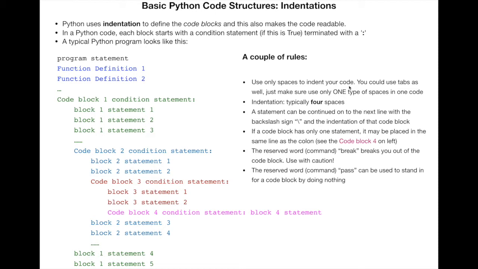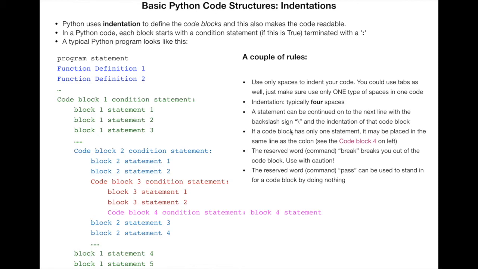So we use one space for one keystroke, and for the indentation we usually use 4 spaces, so it'll be 1, 2, 3, 4, and start with the 5th one. A statement can be continued onto the next line if it is too long, and you can break it into 2 or multiple lines. Use the backslash sign and the same indentation of that code block.